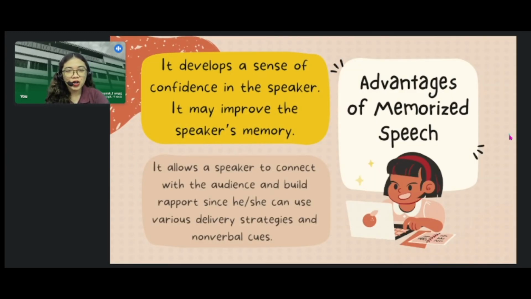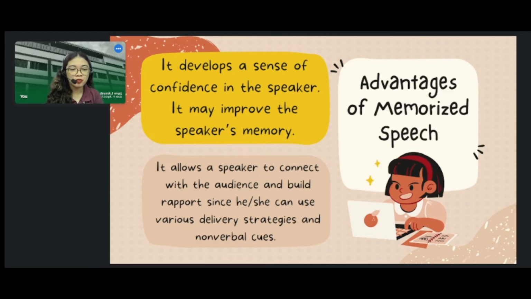Of course, like reading from a manuscript, the memorized speech also has advantages and disadvantages. Okay? First advantage of memorized speech, it develops a sense of confidence in the speaker. Why? Because the moment you step on the stage, 'di ba?